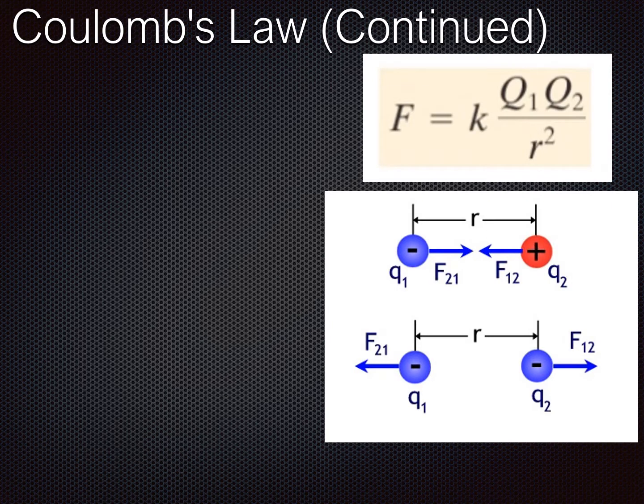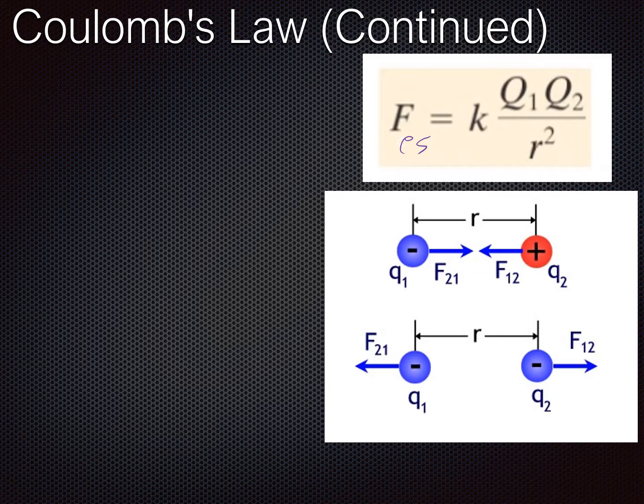So if we wanted to look at how we can actually do this, we have our electrostatic force right here. Electrostatic force is equal to Coulomb's constant times charge 1 times charge 2 divided by the distance between them squared.